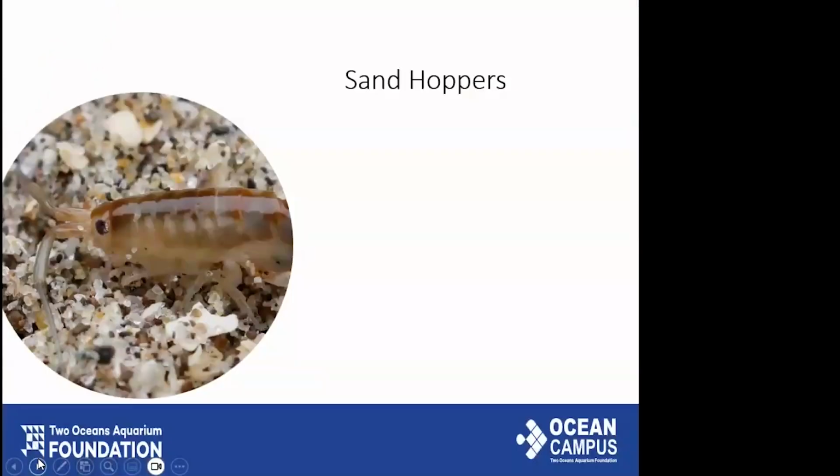All those white specks are little animals. And if we were to take a still and a close-up of the animal, this is what it looks like. So it's a sandhopper, it's an amphipod, part of your arthropod group.